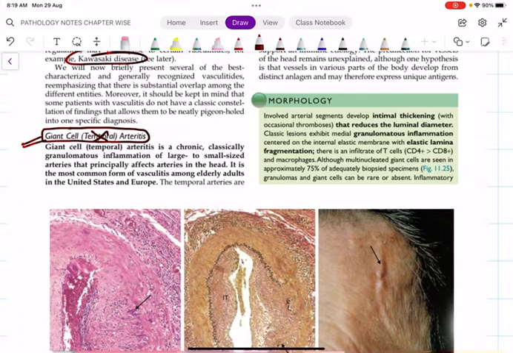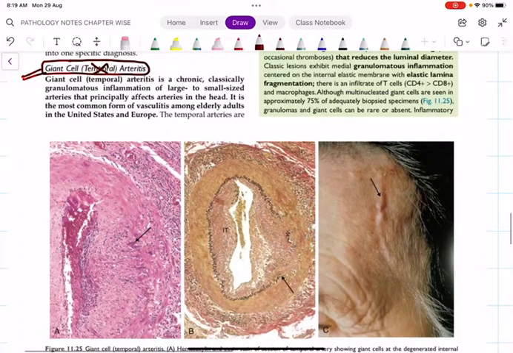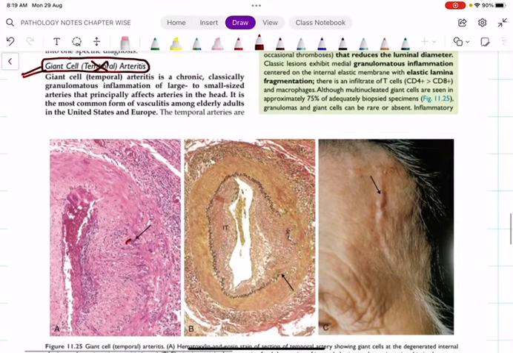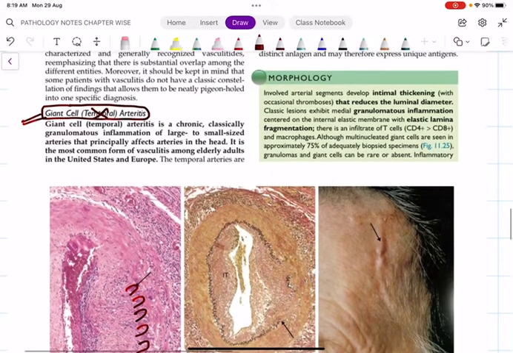Have you heard this word before? Yes, we have studied it in granulomatous inflammation. We have giant cells which are multinucleated. We have studied Langerhans giant cell, which is horseshoe shaped. Why? Because it is nothing else but a granulomatous inflammation of large arteries.